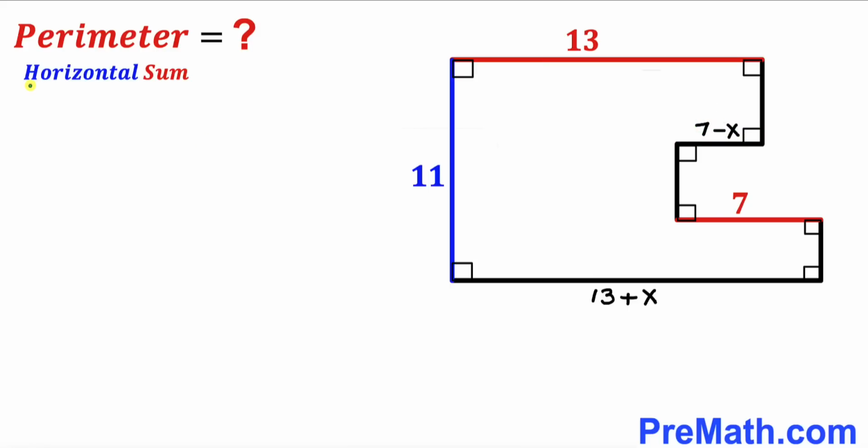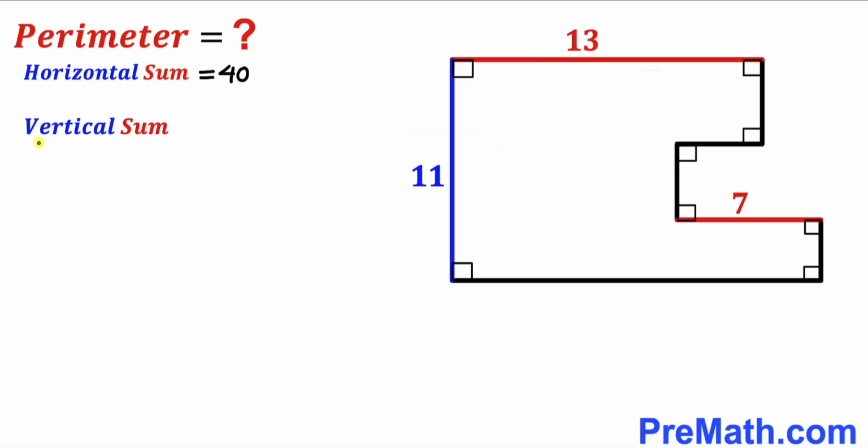Therefore our horizontal sum of these segments is going to be 13 plus 7 minus x plus 7, and then plus 13 plus x. Here we can see x and minus x are gone. Now let's add all these numbers, and they add up to 40. So our horizontal sum turns out to be 40.